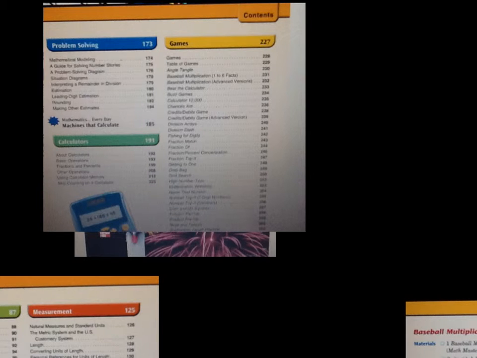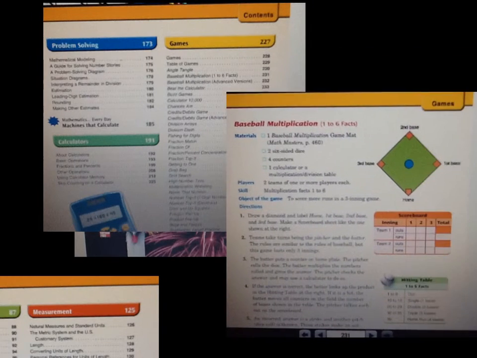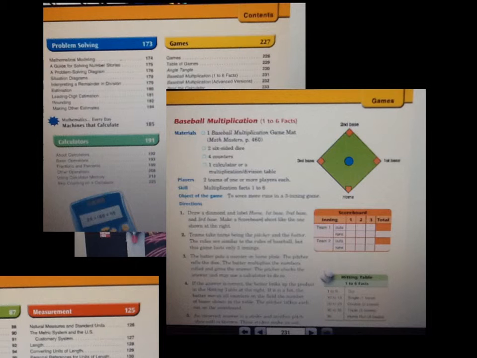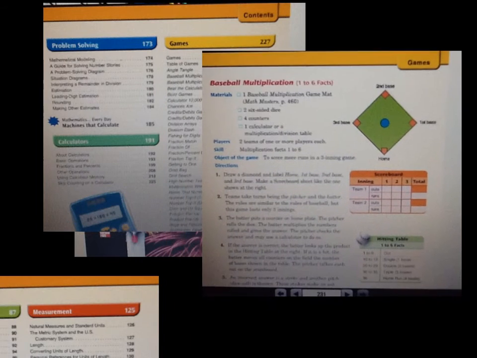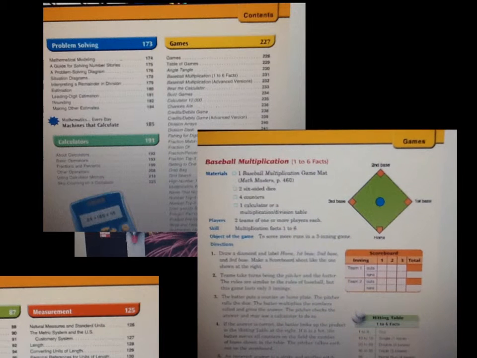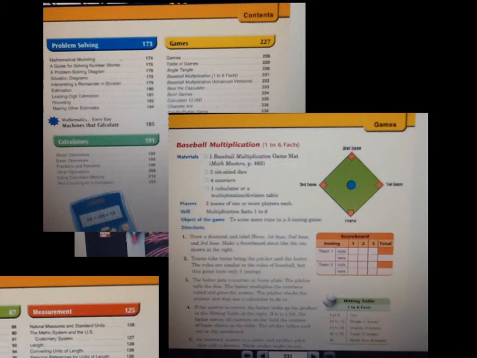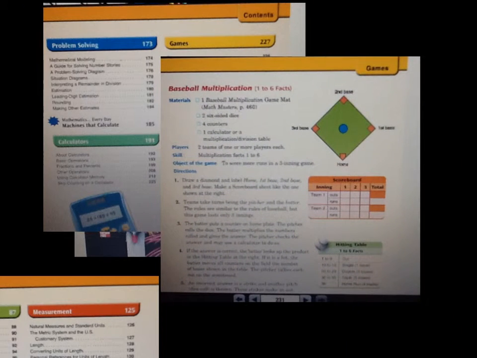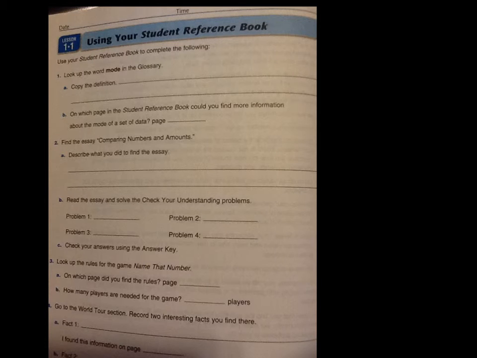That's very important because when we go to an actual page of the book, there's a color at the top of the page. This color corresponds with the color in the table of contents. So as soon as I turn to page 231, I notice that it's yellow on top, which goes with the game section. You're going to be using your table of contents to work on page 2 in your math journal today.